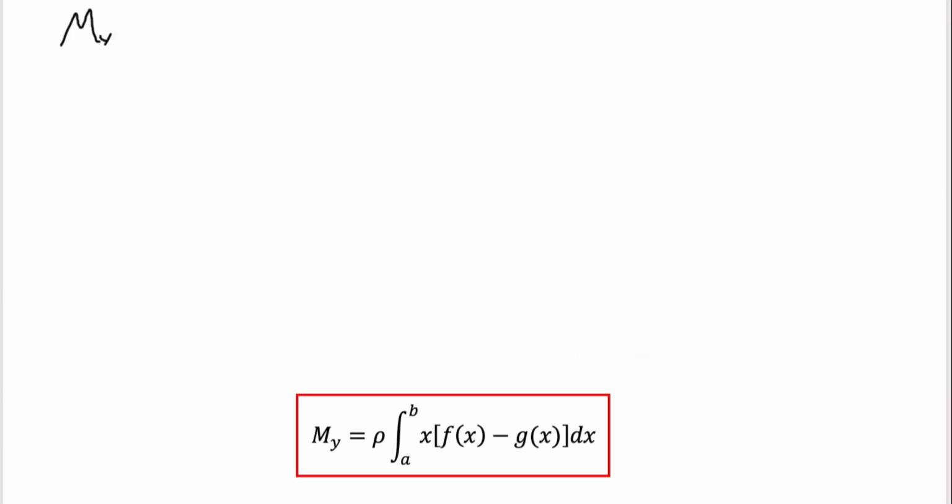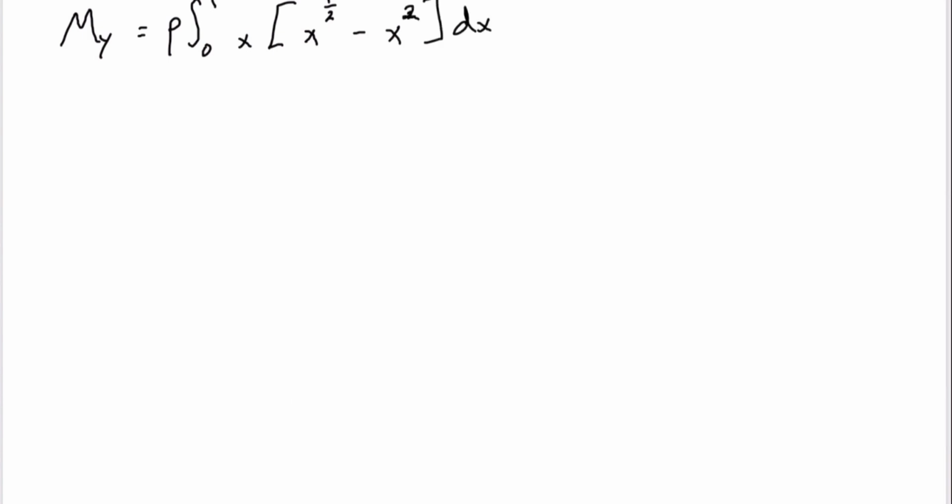Now the moment about the y-axis. Rho times the integral from 0 to 1 x times f of x, which is the square root of x. I'm going to write that as x to the 1/2 minus g of x, x squared, dx. Again, rho is 1.